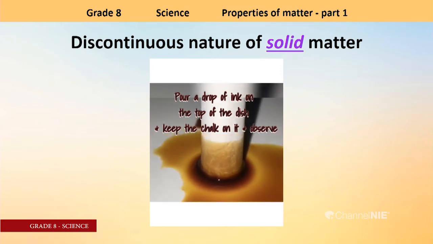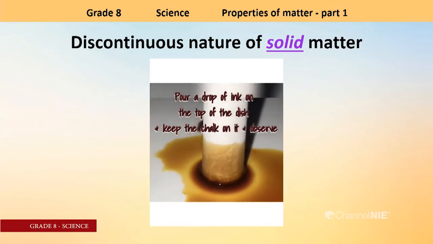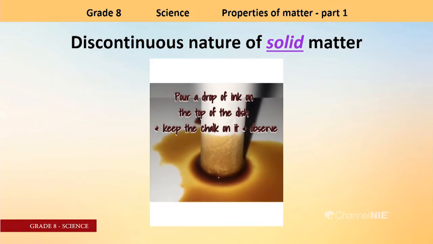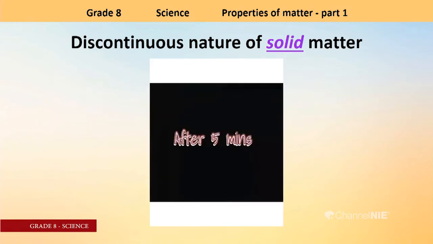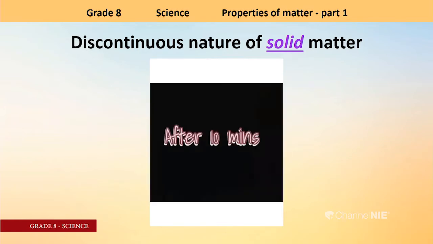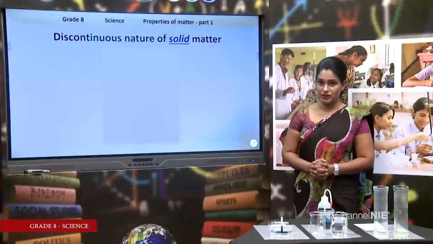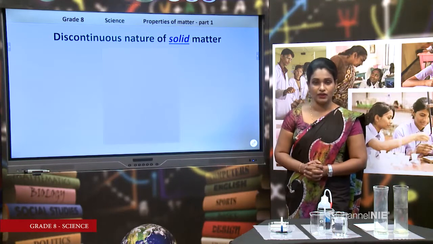You can see the brown color is going up through the chalk. Now, you know this is because of the discontinuous nature of the solid. Here the solid is chalk. Then after 5 minutes it will be like this. Then after 10 minutes you can see it like this. Right. Now you can understand that.